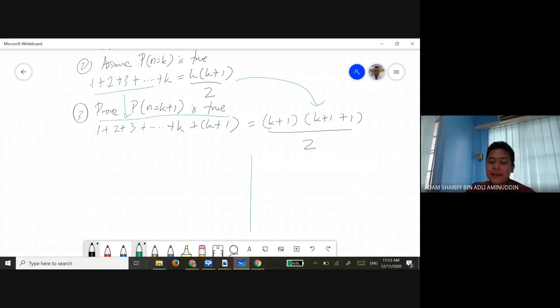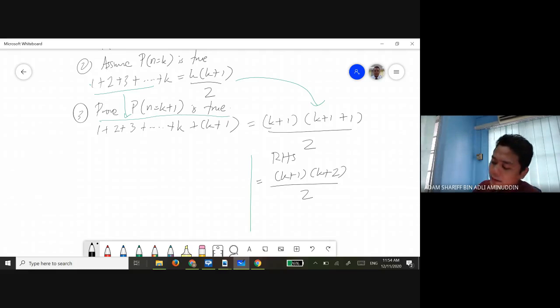Now we have left hand side and we have right hand side. So right hand side can be get very easily here. You just simplify the algebra here, becomes this. The challenge is we want to show the left hand side for the step 3 will be indeed the same representation as the right hand side.